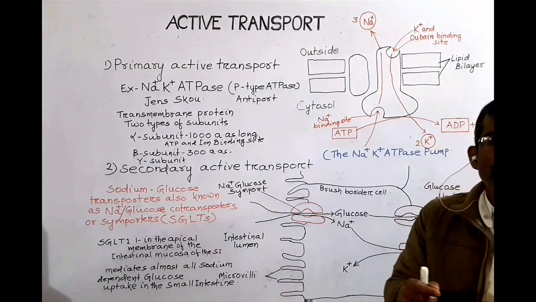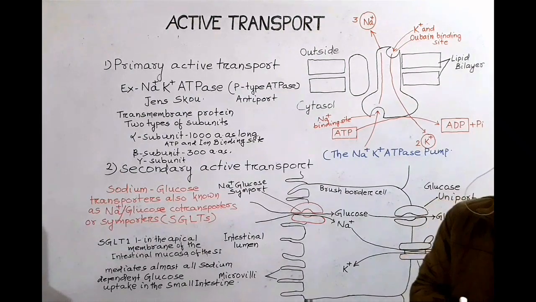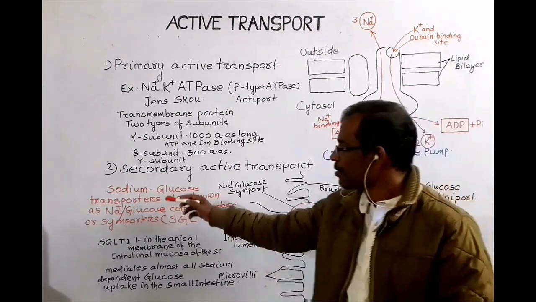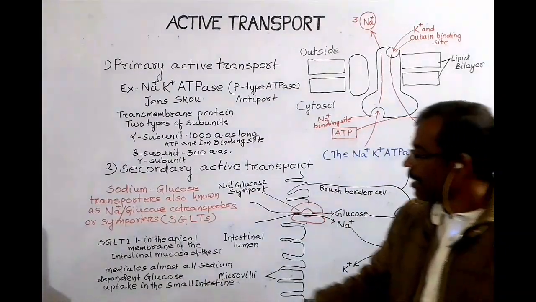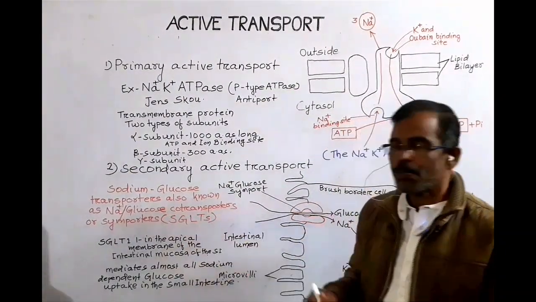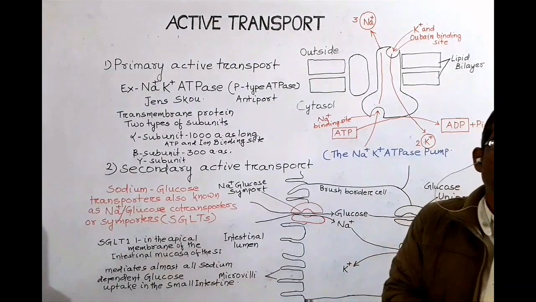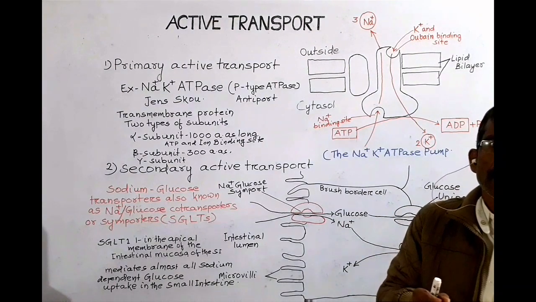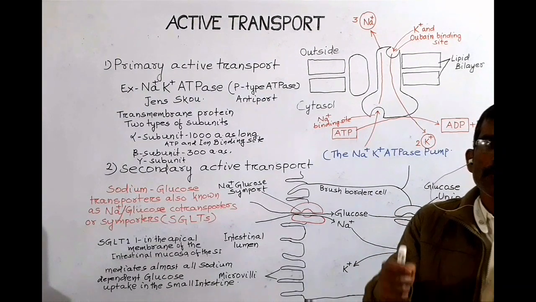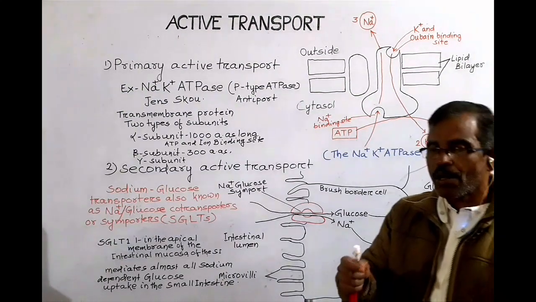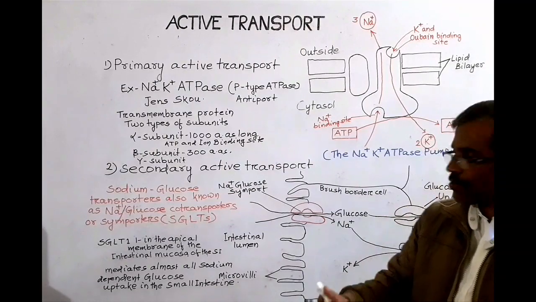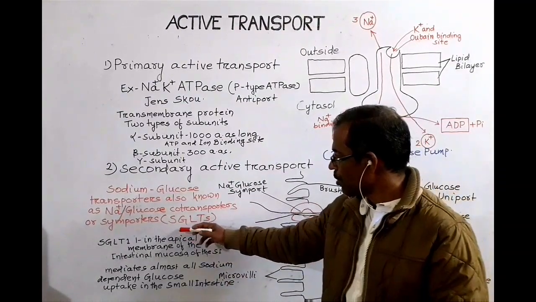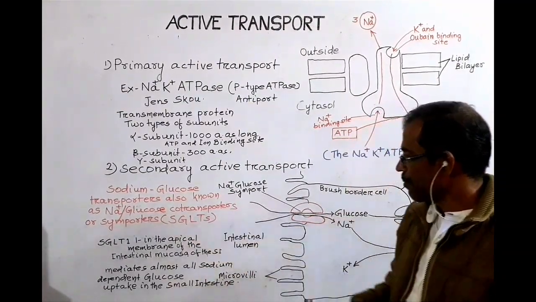An example of secondary active transport is the sodium glucose transporter, also known as Na-glucose cotransporter or symporter, which is present in the apical membrane of the epithelial cells of the intestinal mucosa. This active transport system is also known as SGLT.